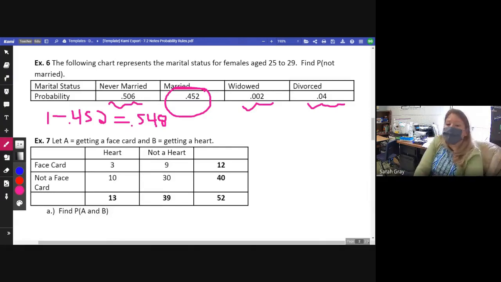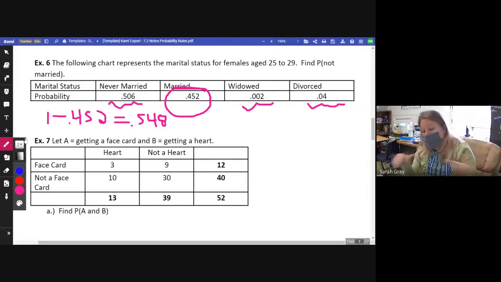Okay. Example 7 is called a two-way table because we have columns that have multiple options, and we have rows that have multiple options. The last row and the last column are totals.